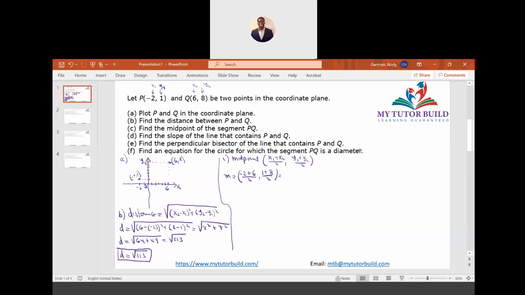When you add these, it gives you 4 over 2 and 9 over 2. 4 over 2 is simply 2, so we know the midpoint. I'm going to write midpoint, because M is not midpoint. Midpoint equals 2 and 9 over 2.